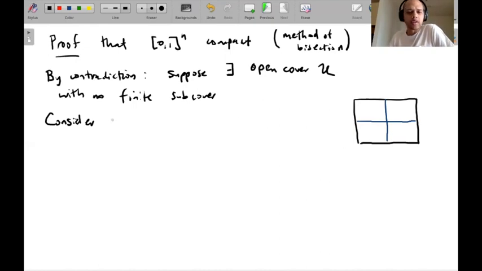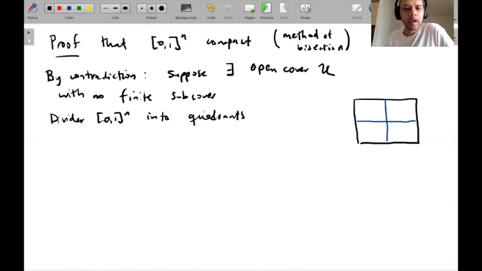So let's divide [0,1]^2 into quadrants, like I pictured here.